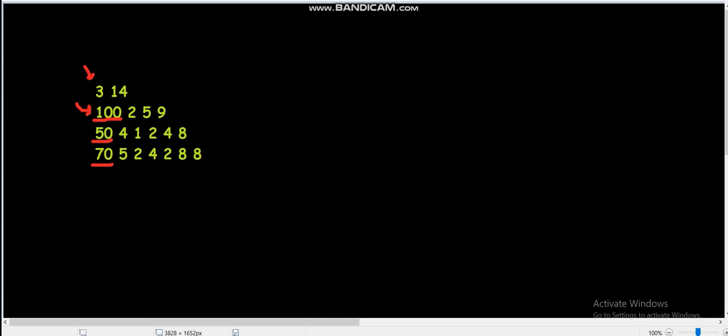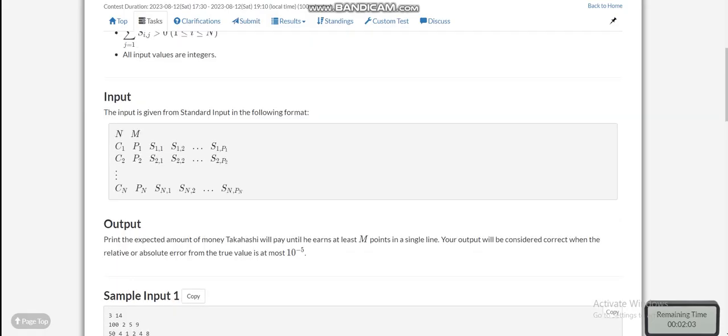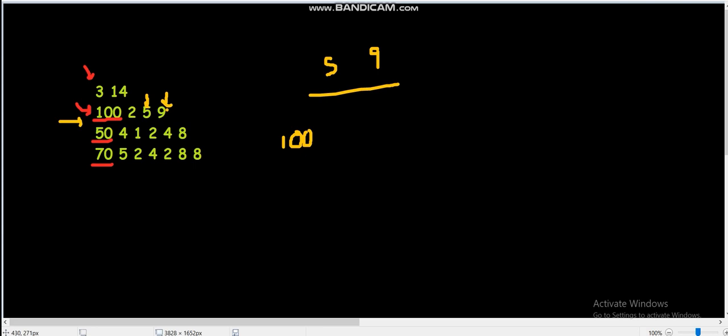Takahashi can choose one wheel, and uniformly at random one of its integers will be chosen, so if he chooses the first wheel he will earn either 5 or 9 points. But for choosing this wheel, he has to pay 100 yen. At the end, he tries to get at least 14 points, and he wants to minimize the cost.